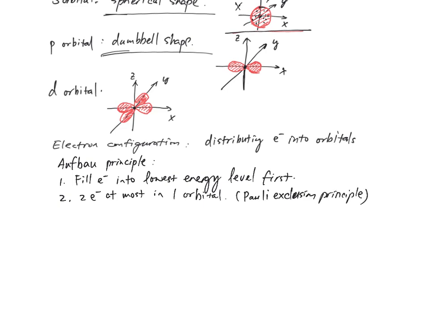And then number three, electrons fill degenerate orbitals, if you remember, the orbitals within the same subshell, with the same spin.